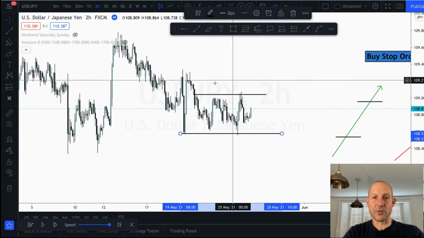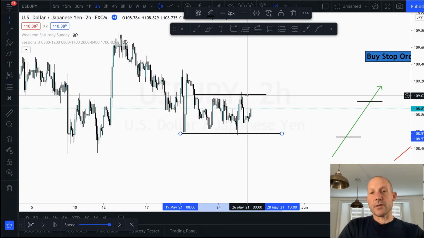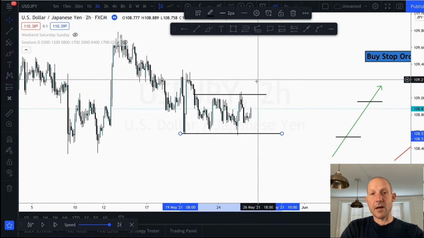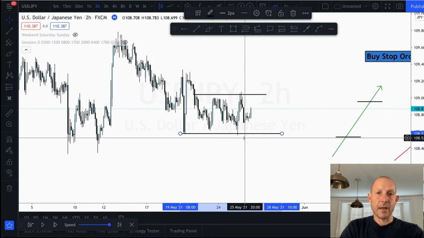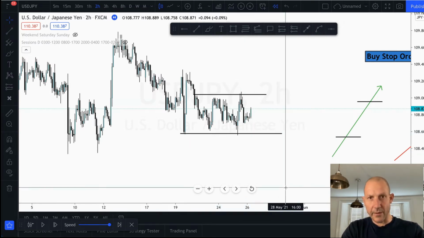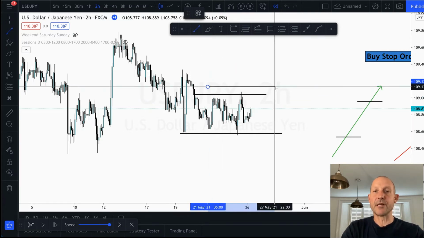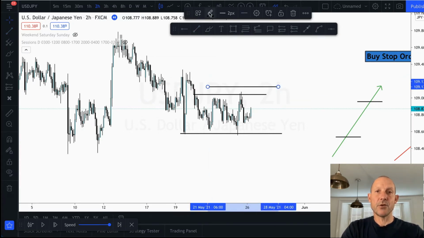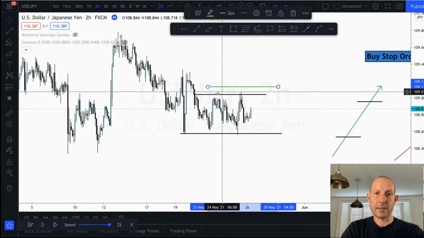It's in a little bit of consolidation, and let's just say that if price came past this line and broke out of the consolidation, you'd want to go into a buy. If price came past this line, past the consolidation, you'd want to go into a sell.